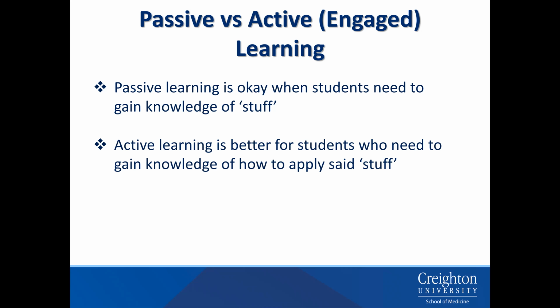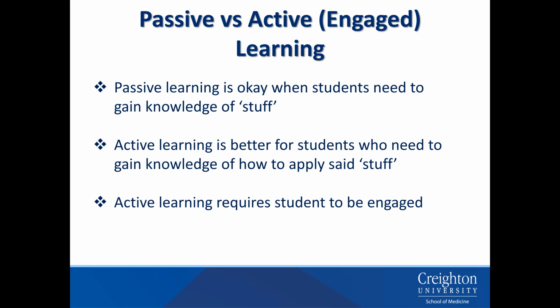Active learning is better for students who need to learn how to use that information and apply it to multiple scenarios. In education, we refer to this as transference, transferring knowledge from one situation to another situation. Active learning, therefore, requires that students are engaged and that they understand what it is they are interacting with in terms of the content.